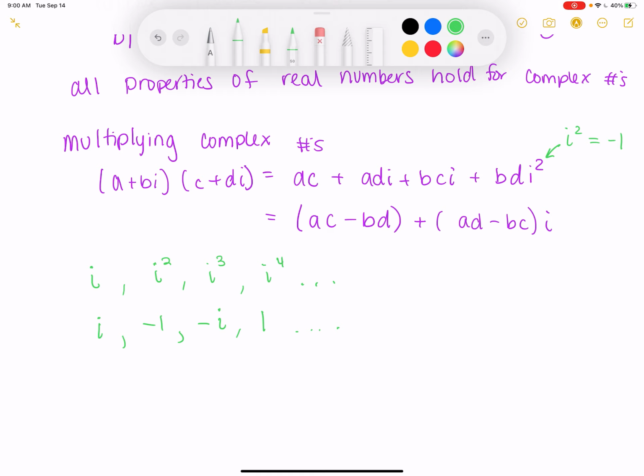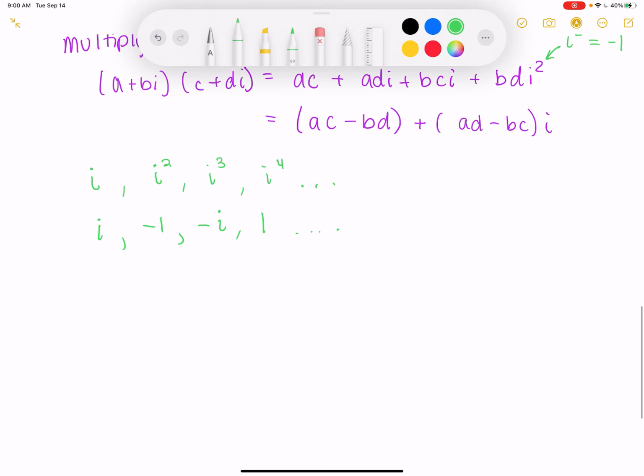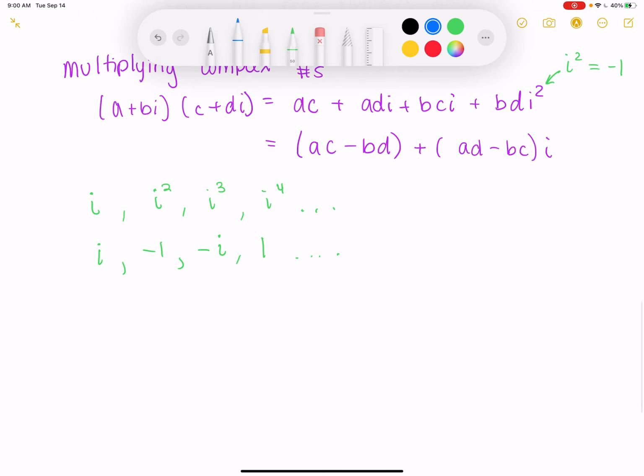So if we see the FOILing problem that you have up there, basically, the a plus bi, c plus di, we can just do ac minus bd, or do you have to go through all the steps like that? You wouldn't have to write that part. You could just come here if you know that.